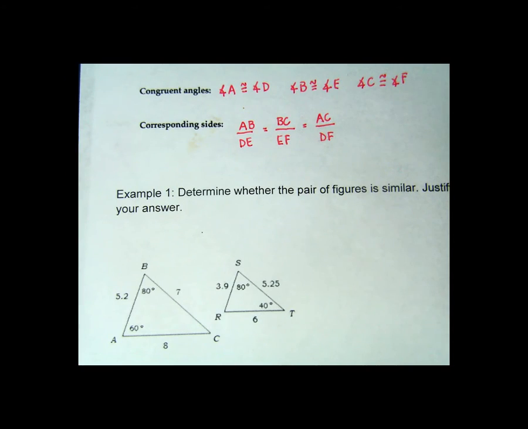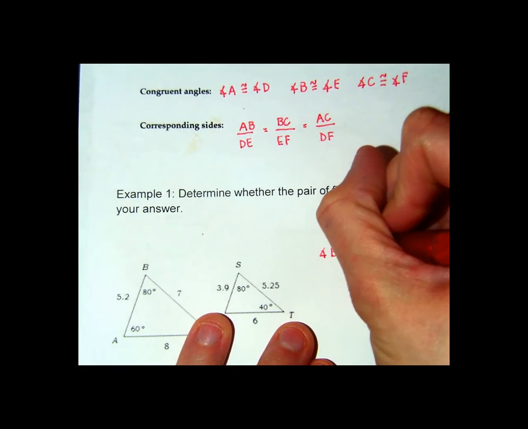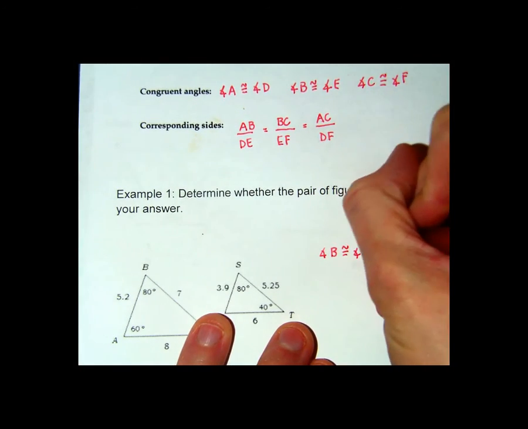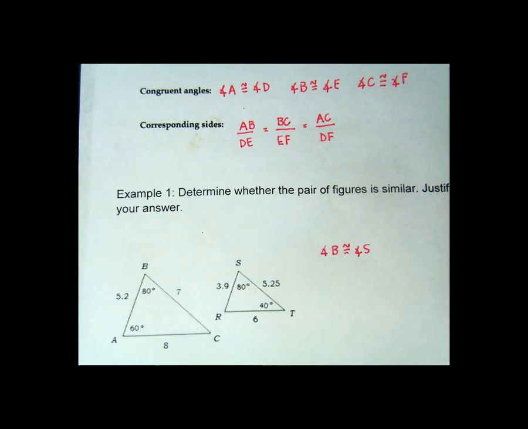So in this example, first of all, our angles should be congruent. So we already know that angle B is congruent to angle S because they're both 80 degrees. We need to find the missing angles, though, to make sure these are really similar triangles.